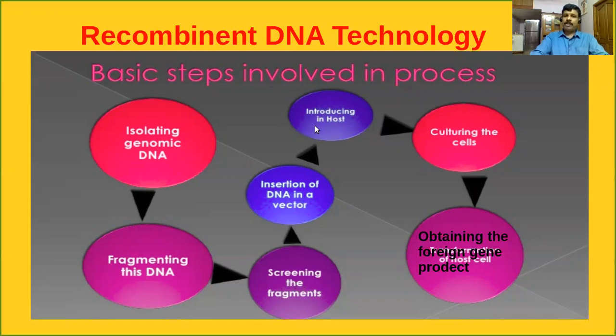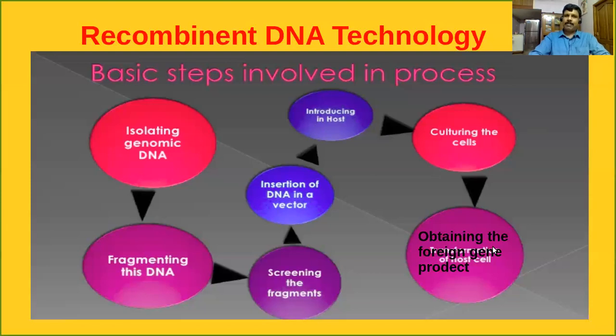Fifth one, introducing that recombinant DNA into a host cell. We remember, as per our example, E. coli cell as the host one. And again, culturing the host cell in a medium at a large scale. And the last step, you are very familiar, obtaining the foreign gene product.